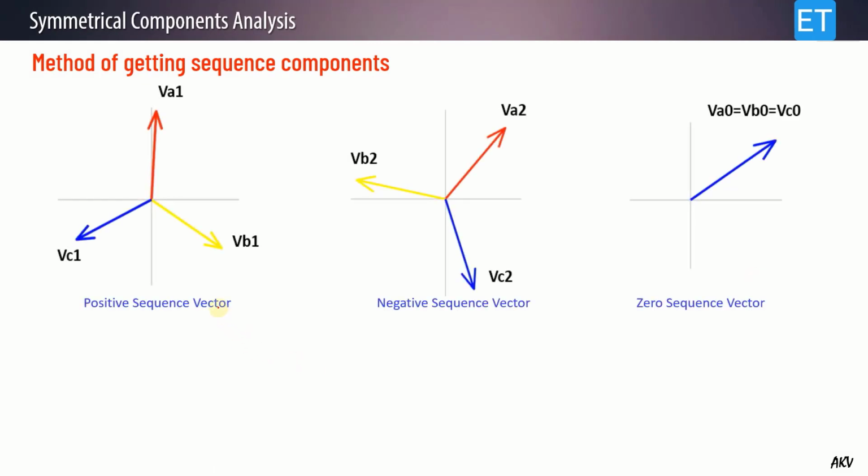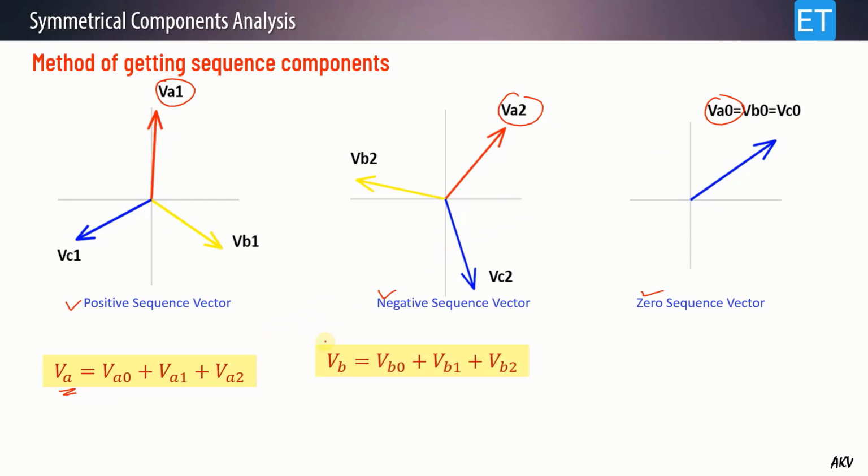Here you can see once again all these symmetrical components, in the positive sequence, negative sequence, and then zero sequence. Here the phase A, I mean the VA, is achieved by adding VA1, VA2, and then VA0. And similarly, the phase voltage VB is achieved by adding VB1, VB2, and VB0.